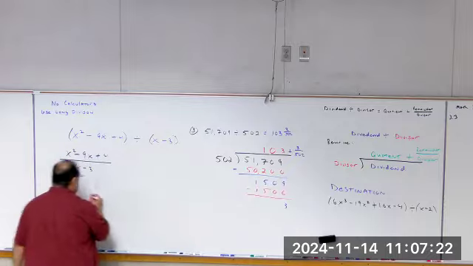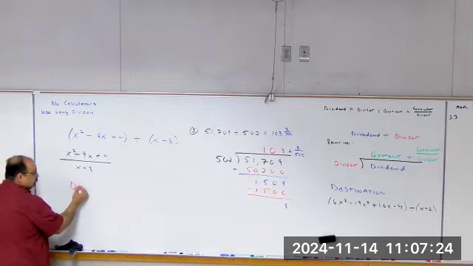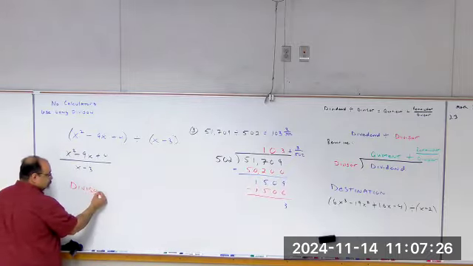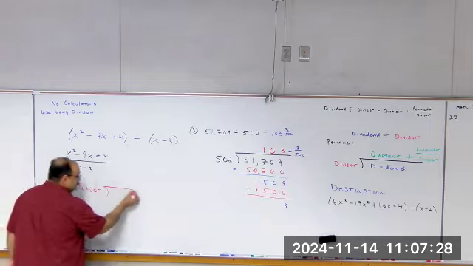So remember, this goes on the outside, divisor, and then underneath is the dividend.